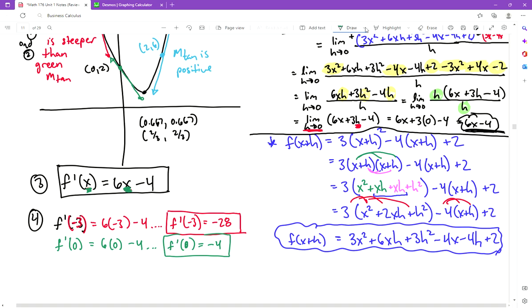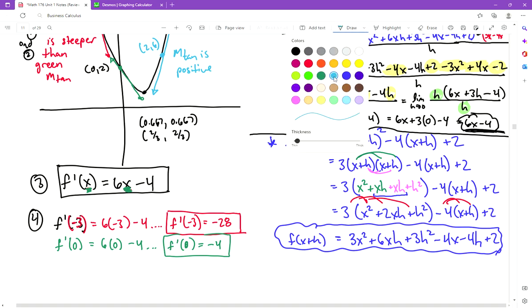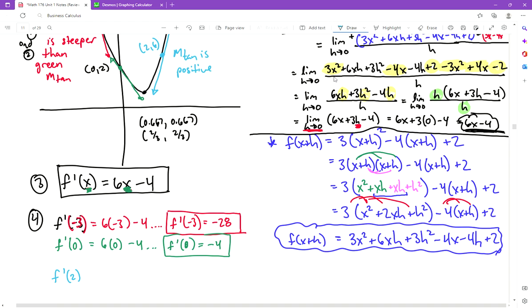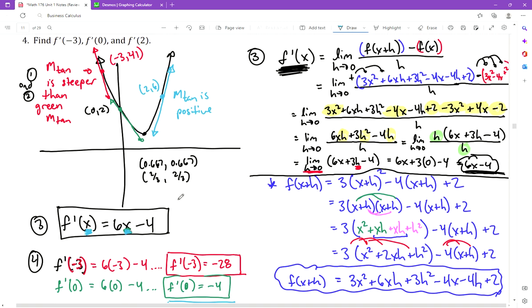Let's do that in the light blue. F prime of 2 would be 6, again changing these x's, so 6 times 2 minus 4. Well, this is 12 minus 4, that is 8. There we are.